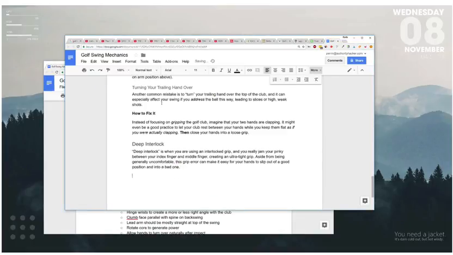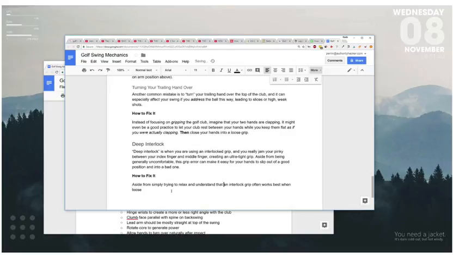Okay. How to fix it. This error, let's delete that and say, aside from simply trying to relax and understand that an interlock grip works best when loose, often works best.